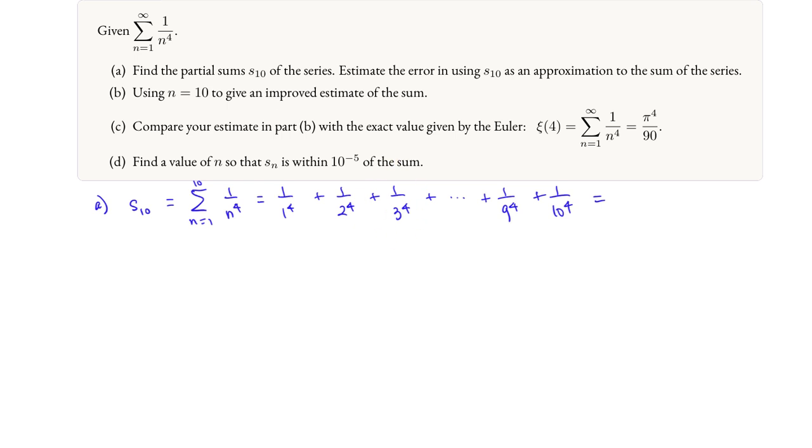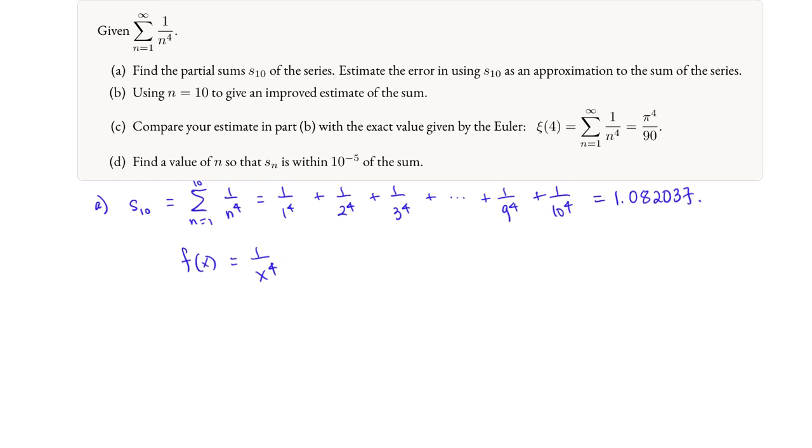The last term, the n term, when n equals 10, is 1 over 10 to the fourth. So there are 10 terms total. And this sum is approximately 1.082037.